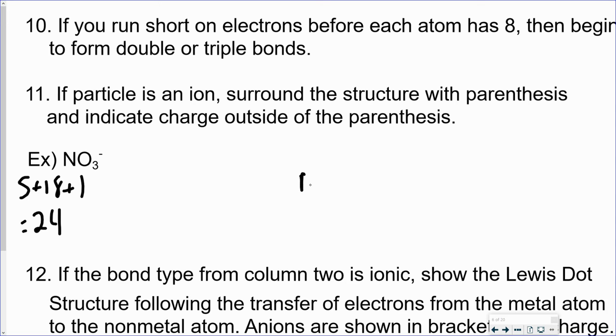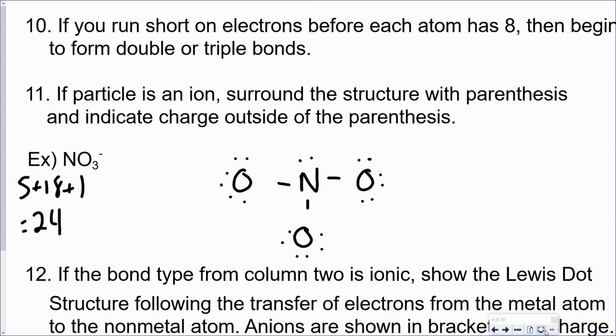So we're going to put N in the middle. We'll attach 1 oxygen on all 3 sides. And then we'll make sure that everybody's happy with the octet rule. So now everybody's happy. We're going to count. We have 2, 4, 6, 8, 10, 12, 14, 16, 18, 20, 22, 24, 26.